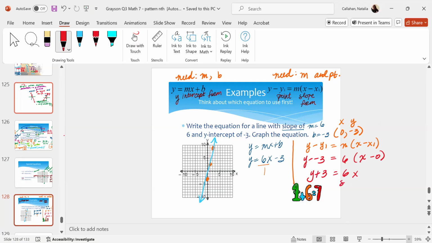Now let's solve for y. Do you see how they're exactly the same equation? There's two different ways of doing it.